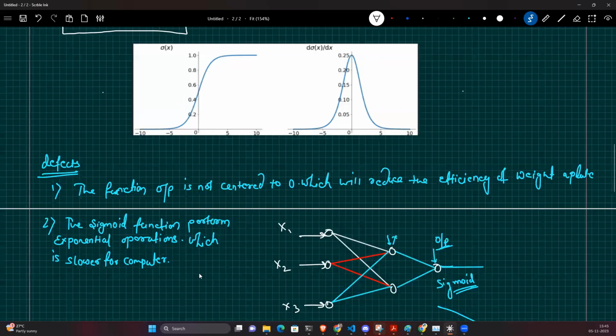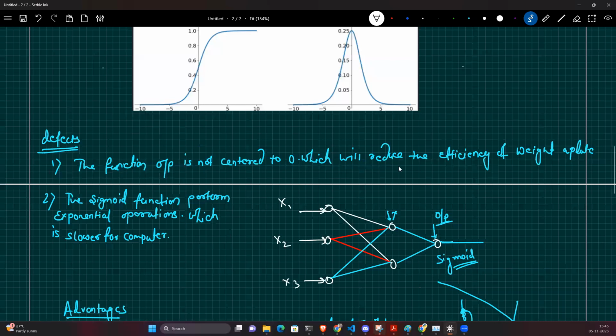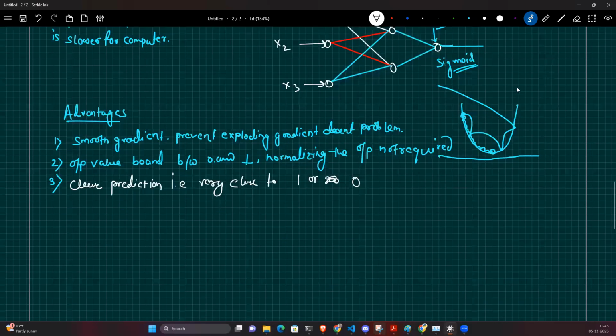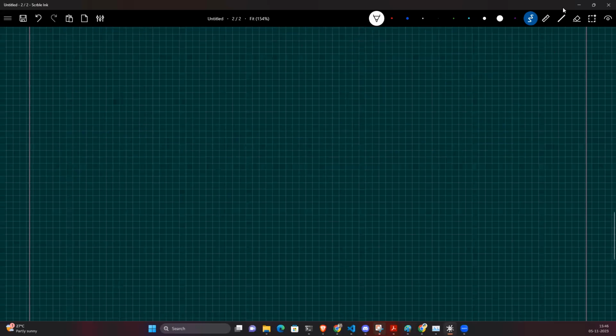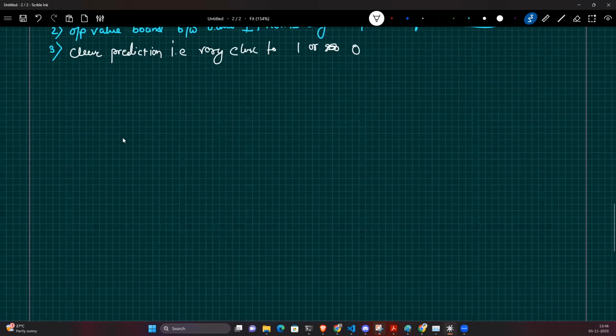Number two, as it is an exponential function, the computer takes time to compute, so it is slower. The advantage is that the exploding gradient problem will not occur, and the prediction is clear, because it is very close to 1 or 0. This is our first activation function. Any question?